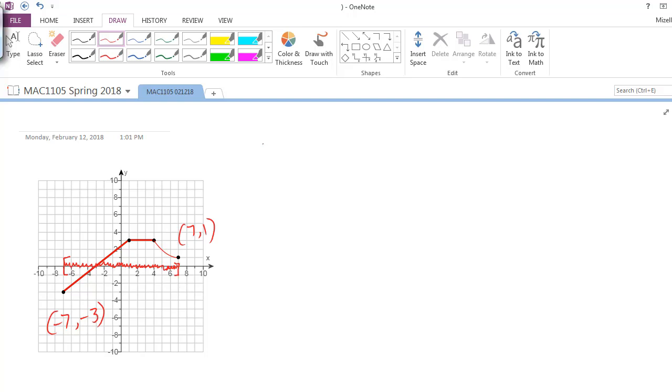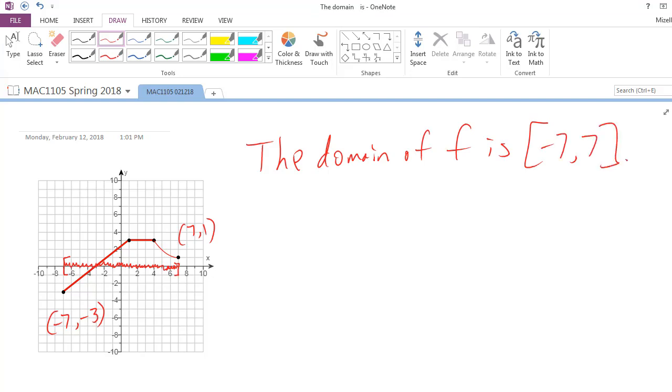So here goes. The domain of the function f is the closed interval from negative 7 to 7. That's the domain of this function. It's the portion of the x-axis that the graph occupies.